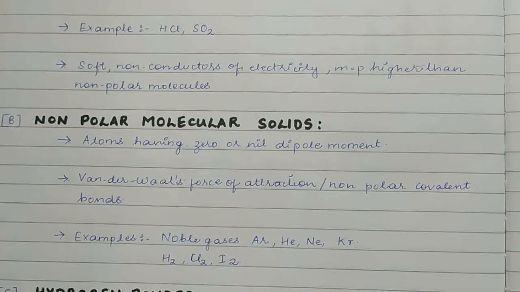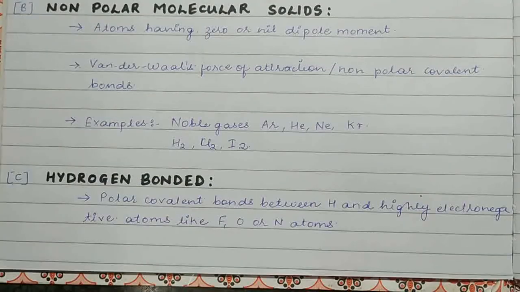Next, moving on to hydrogen bonding. Before talking about hydrogen bonded molecular solids, can you recollect the definition of a hydrogen bond? A hydrogen bond is a bond between hydrogen and a highly electronegative atom.